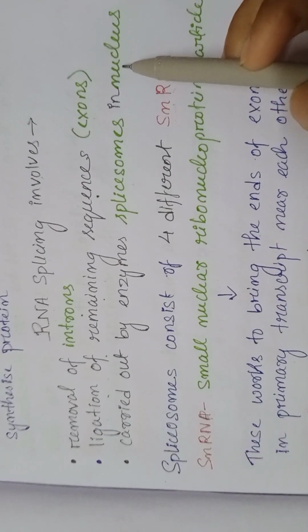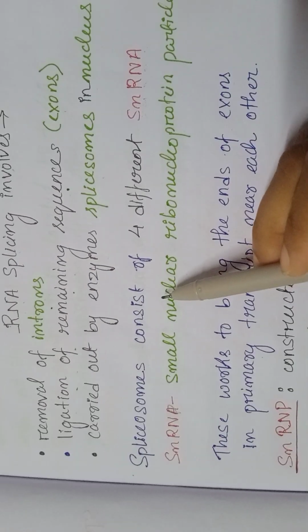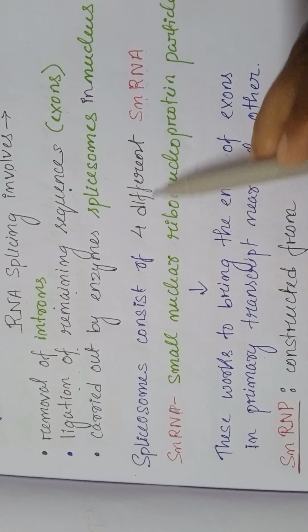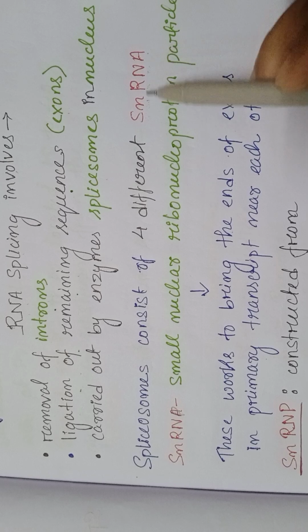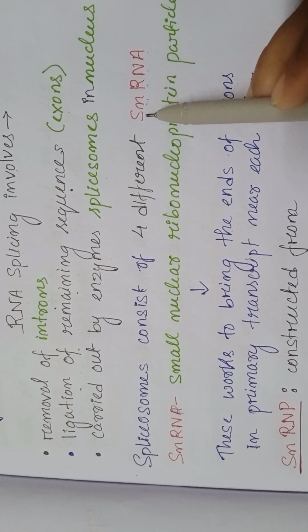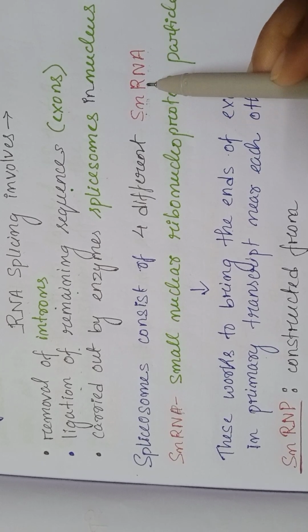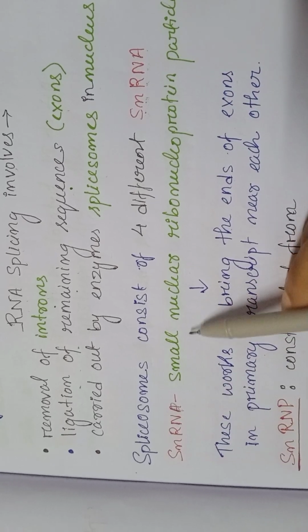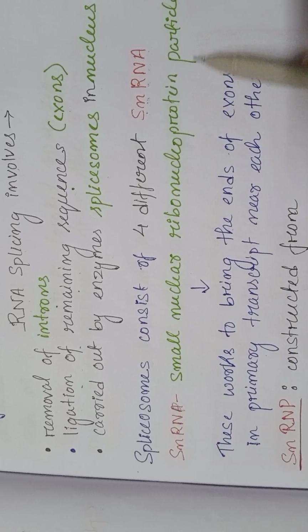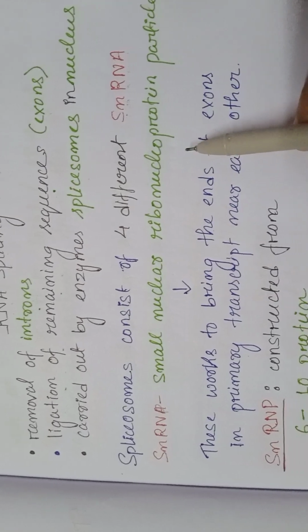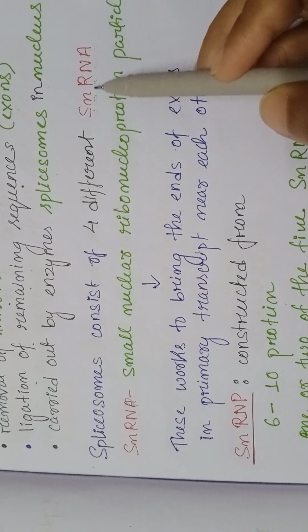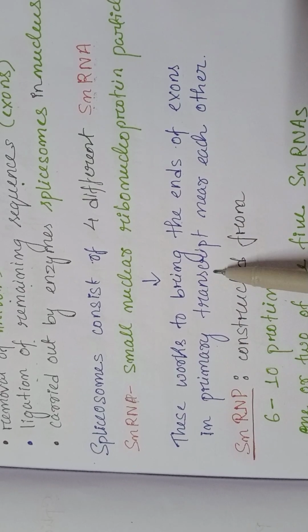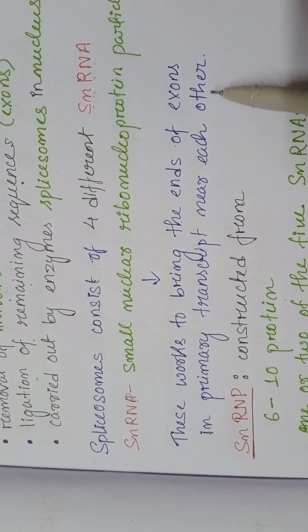Now, the spliceosome consists of many different particles or substances, including four different snRNAs. snRNA stands for small nuclear ribonucleic acid, and snRNP is a small nuclear ribonucleoprotein. It forms a complex, as both snRNA and snRNP work to bring the ends of the exons in the primary transcript near each other.